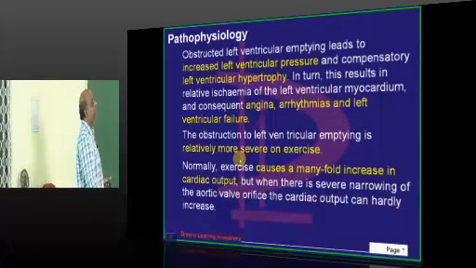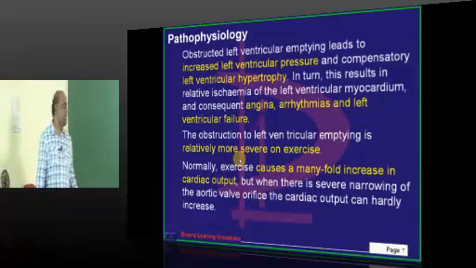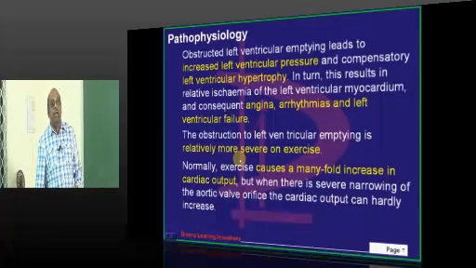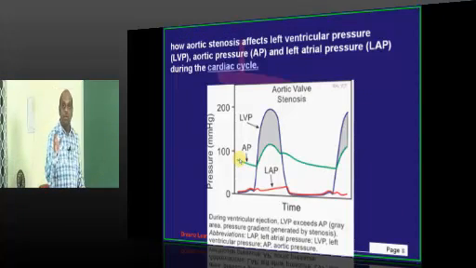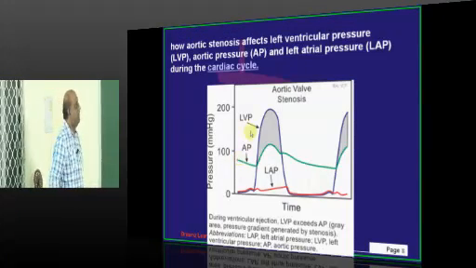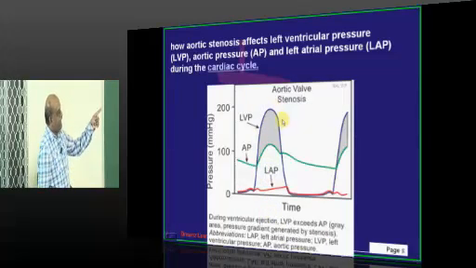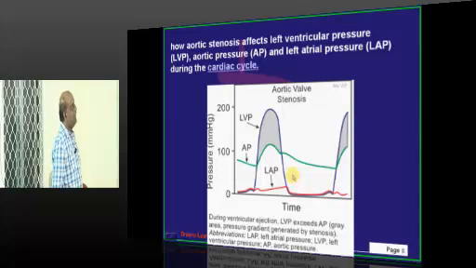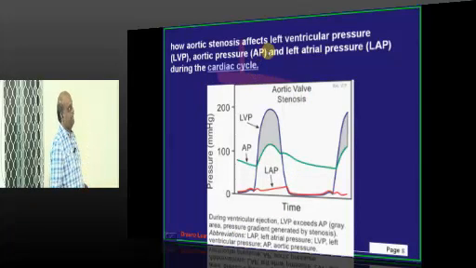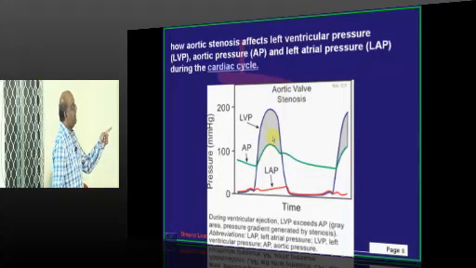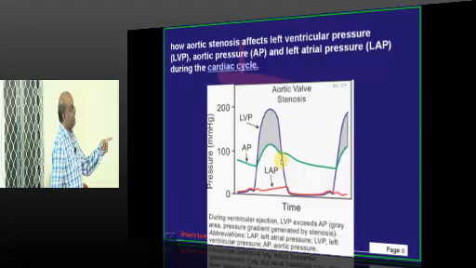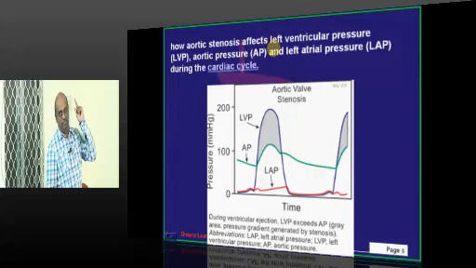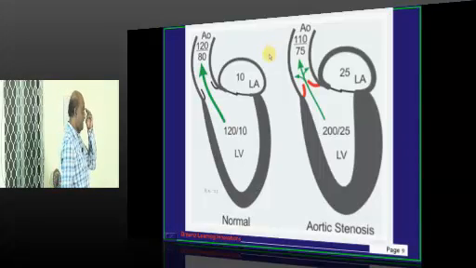Now continuing our discussion with aortic stenosis, this is a classical graph. You have the left ventricular pressure and the left atrial pressure. What was the effect of the aortic stenosis? The left ventricular pressure, the aortic pressure and the left atrial pressure all got elevated because of the tight aortic stenosis.